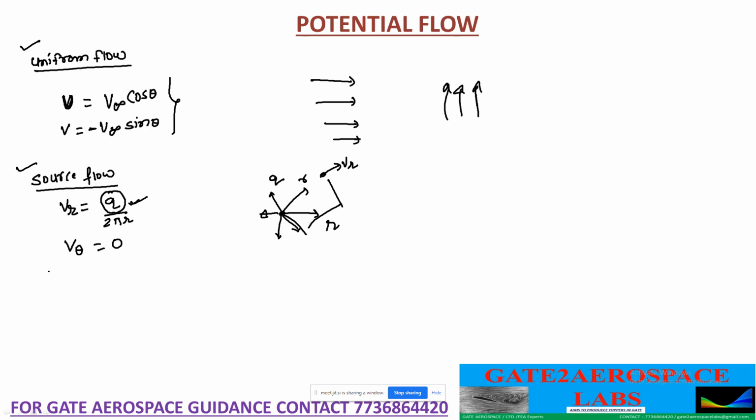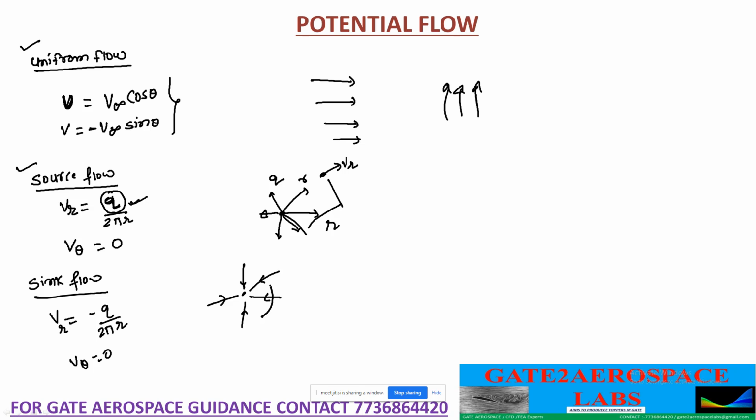Similarly, opposite, if you want to write for the sink flow, the sink flow is something like this, right? That means you just change the sign of q because it's a sink. So Vr equals minus q by 2 pi r, and v theta will be equal to 0.